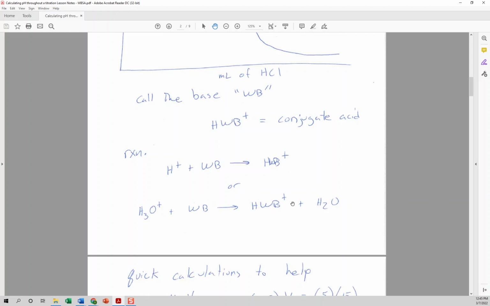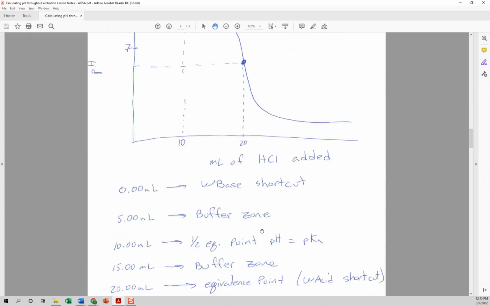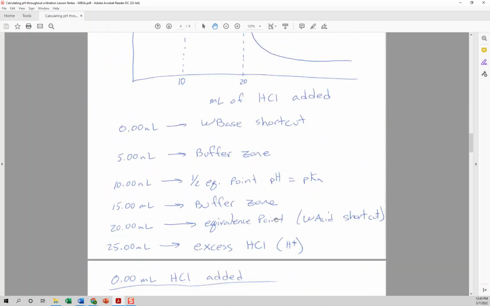The other things in the flask are water, which is neutral, and chloride, which is also neutral. So what's in my flask that will change the pH away from 7 is a weak acid. If that's all I have that changes the pH from neutral, then it's just a weak acid shortcut, okay?